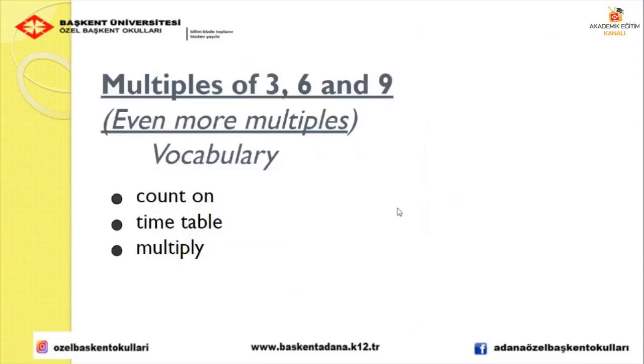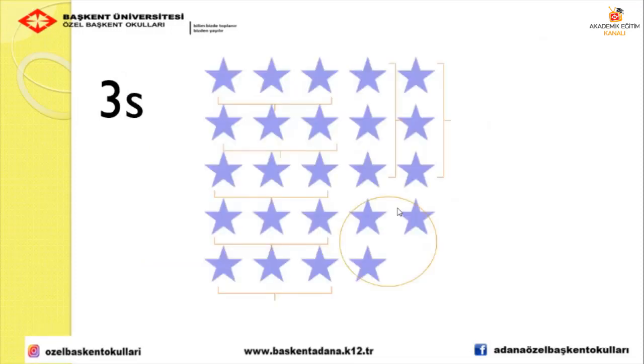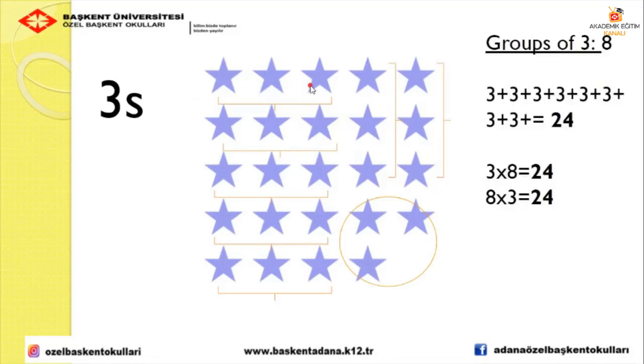Multiples of 3, 6, and 5. In this topic, you also need to remember the words count on, timetable, and multiply. When we count in threes, we make groups of threes. In this array of the stars, we can find 8 groups of 3 stars.